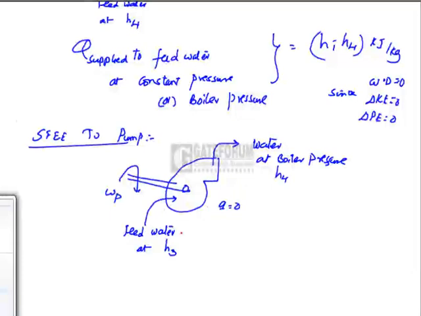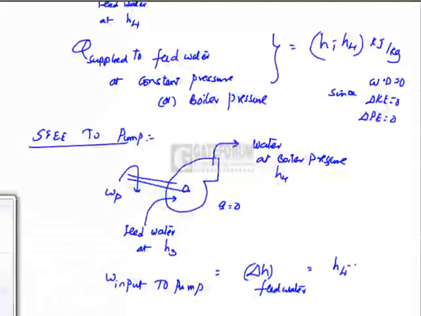Q is 0. Therefore, from SFEE we can write that work input to pump is equal to change in enthalpy of feed water across the pump, that is H4 minus H3 kilojoule per kg.